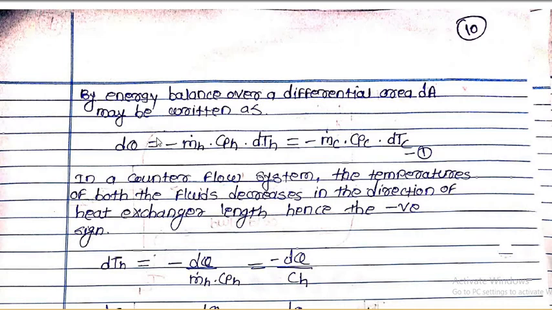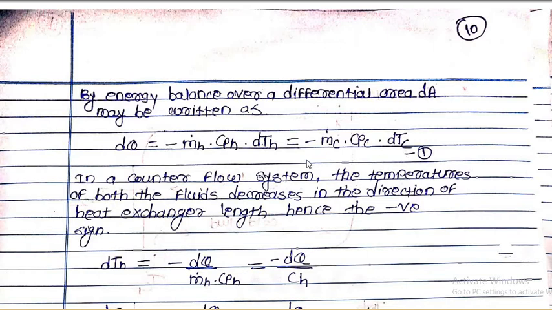In the same manner, that much amount of heat will be gained by the cold fluid. So the heat gained by the cold fluid will be written as dq is equal to minus m dot c multiplied by cpc multiplied by dt suffix c, where m dot c is the mass flow rate of the cold fluid, cpc is the specific heat of the cold fluid, dt suffix c is the change in temperature of the cold fluid.